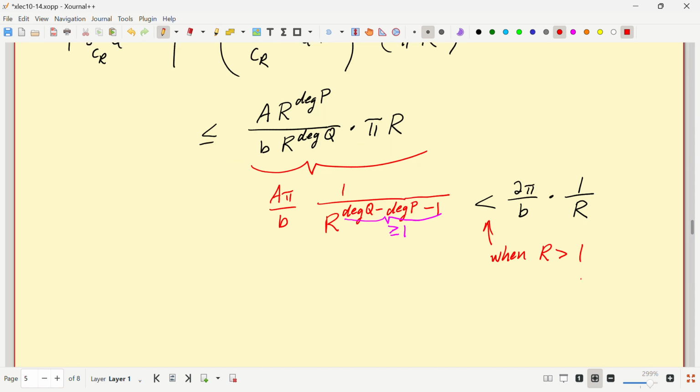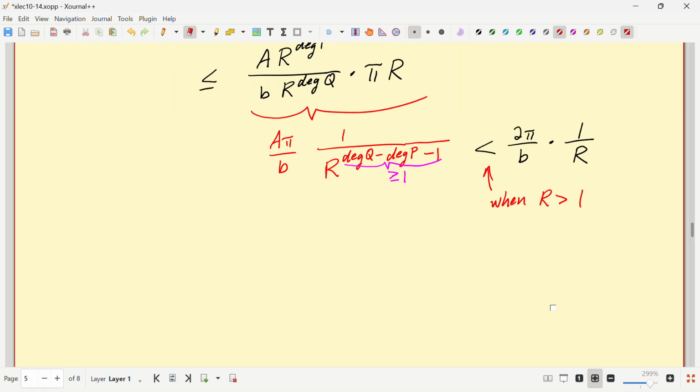Why is that? Because if r is bigger than 1, then r to the n plus 1 is bigger than r. Just think about that. And so I claim that this is going to go to 0.